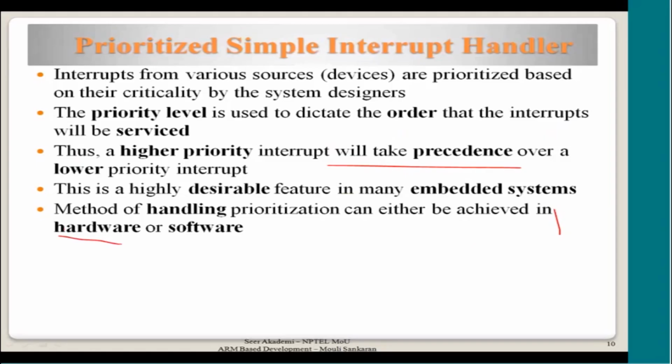So what is the difference between these two? In hardware, the interrupt controller that I talked about helps you by giving the information about which is the highest priority. Suppose this is the interrupt controller, and two interrupts are coming in from two devices. Based on the programming, or the particular pin to which these interrupts are connected, the controller takes a call.